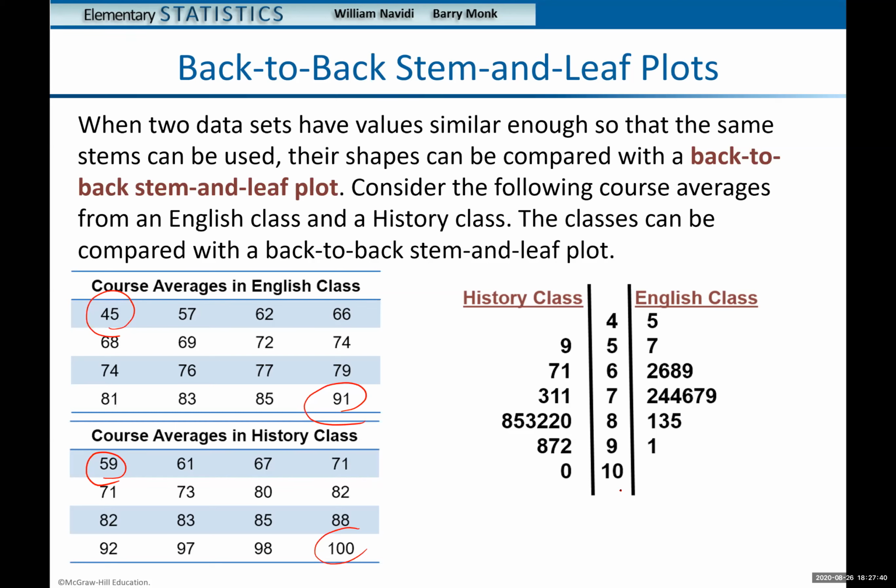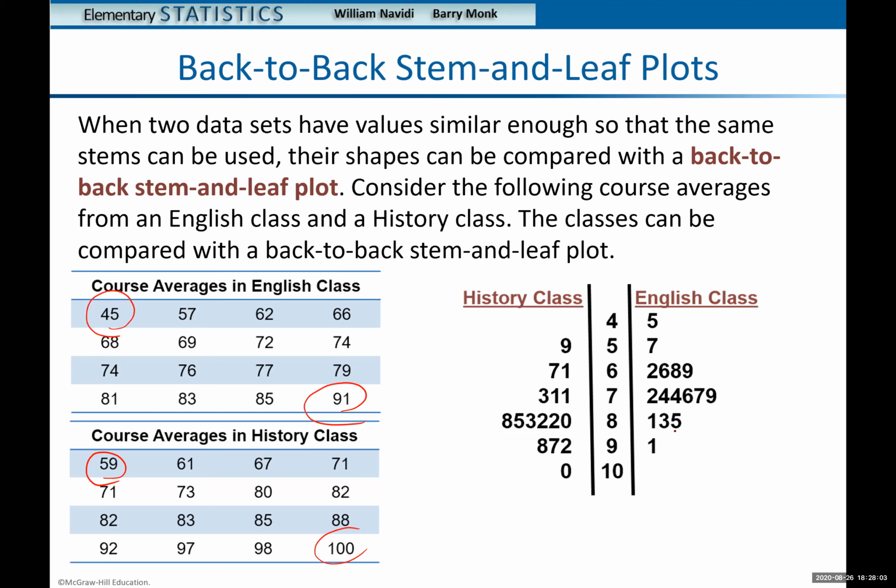Then now you can tally all these numbers. 45, so that's why you have 45 here. Next 57, 62, 66, 68, 69, 72, 74, another 74, 76, 77, 79, and the last one, 91.